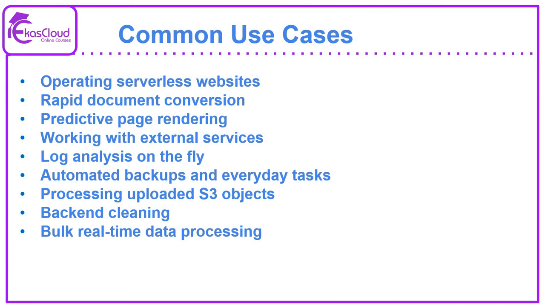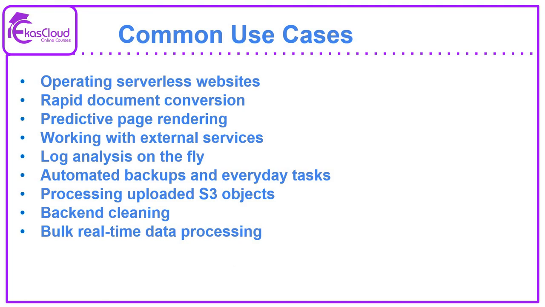When you're working with external services, for example a third-party payment card company that your service needs to interact with at any point in your process, having Lambda in place is very good for that. If you need very quick log analysis, it can be done, and it'll help to automate the analysis of your logs.